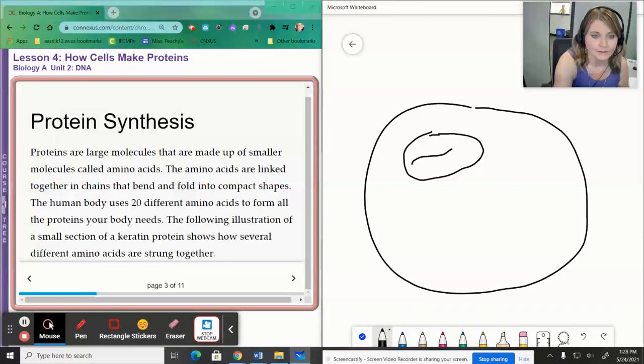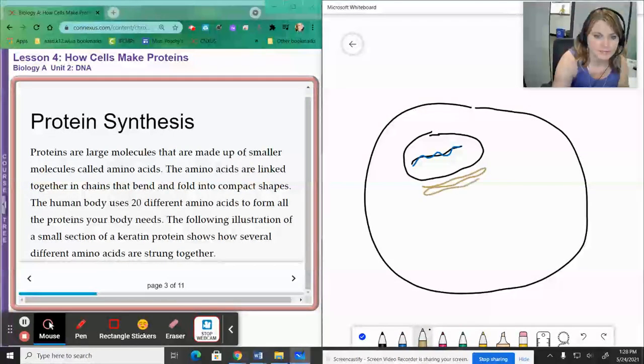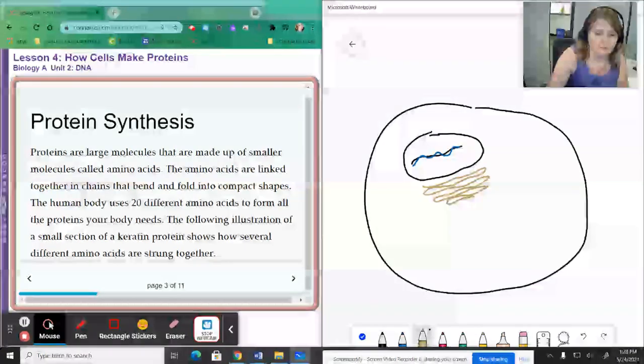I'm terrible at drawing the DNA, but it's found in there. As you exit the nucleus, there's a structure called the rough endoplasmic reticulum, found right next to the nucleus.